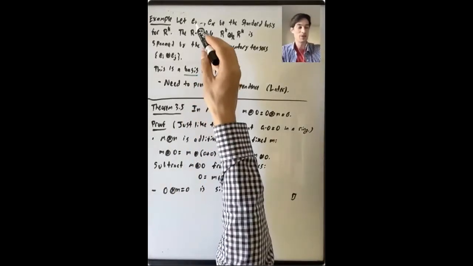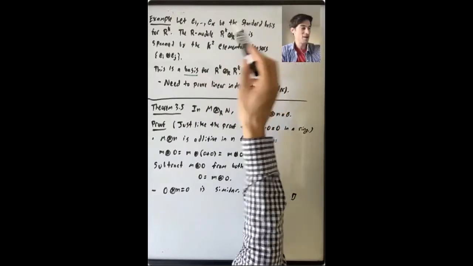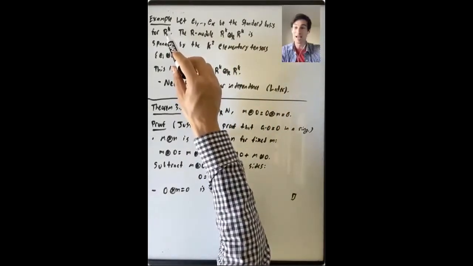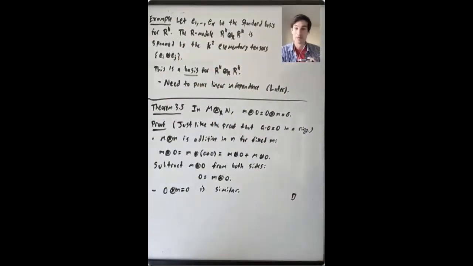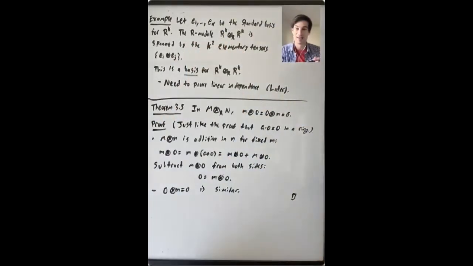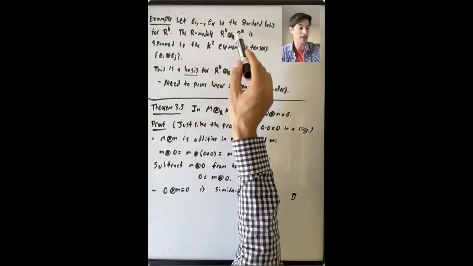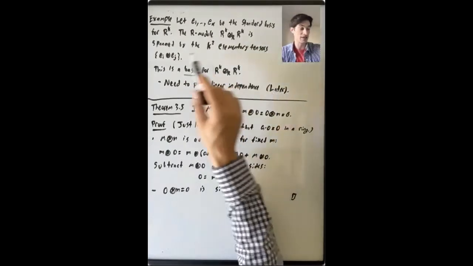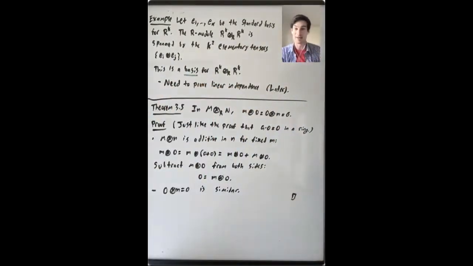So let's take the particular case where both of those modules M and N are the free R module of rank k, R to the k. What's a spanning set? Well, we have the standard basis vectors e_1, e_2 up through e_k. And we know now that the R module R to the k tensor R to the k is spanned by the k squared elementary tensors e_i tensor e_j.